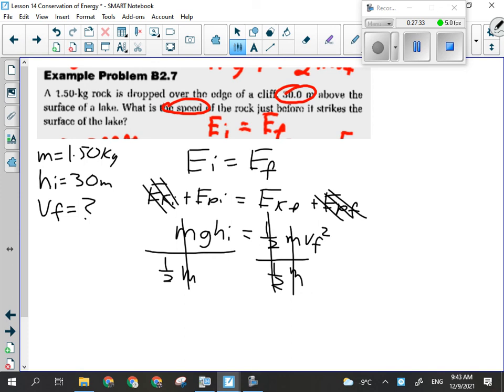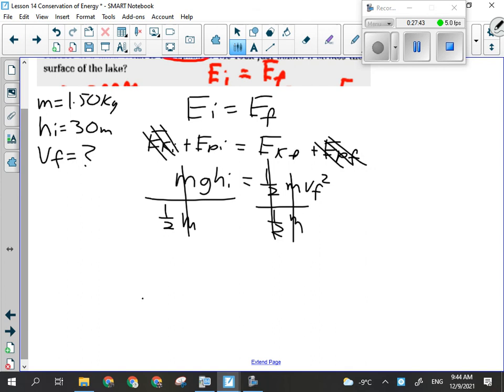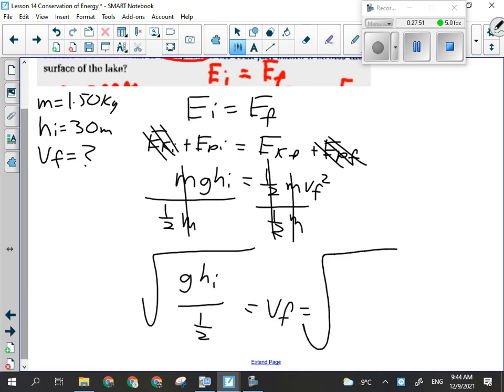Okay? All right, so I have G times HI divided by 1/2 equals VF squared. What do I want? Just VF. Okay, so I'm going to have the square root of G times H initial divided by 1/2 equals VF. Okay, so that'll be 9.81 times 30 meters divided by 1/2, all square rooted.